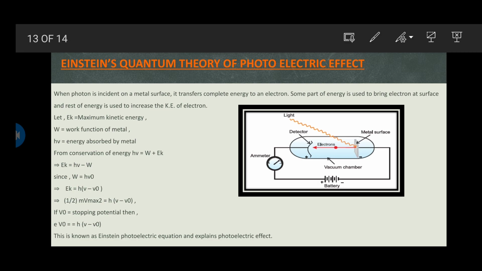Let us represent kinetic energy as half m v max square, so half m v max square is equal to h nu minus h nu naught. Here nu naught is the threshold frequency. This is known as Einstein's photoelectric equation, and it explains the photoelectric effect. This whole setup explains Einstein's photoelectric effect, which arose after the failure of the wave theory of light.